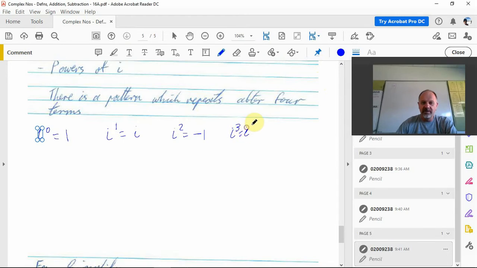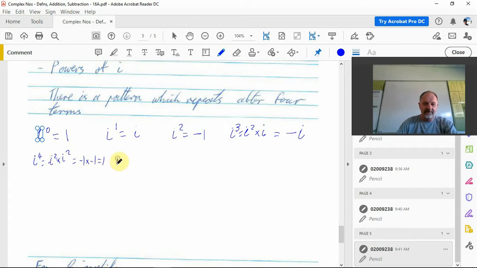All right, so i cubed then, well, as we know, it's i squared times i. And i squared is -1, so that's going to be negative i there. Now, the next one, i to the 4, if I split that up as i squared times i squared, is -1 times -1, which is 1.